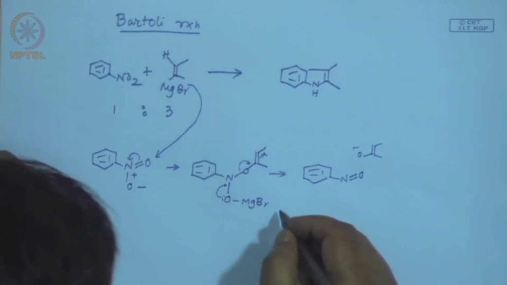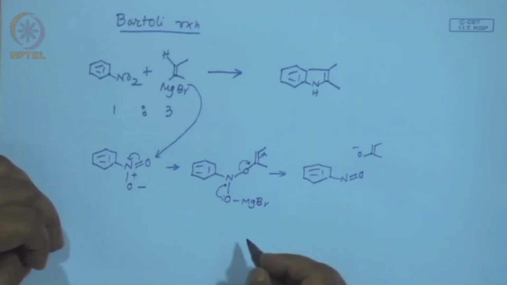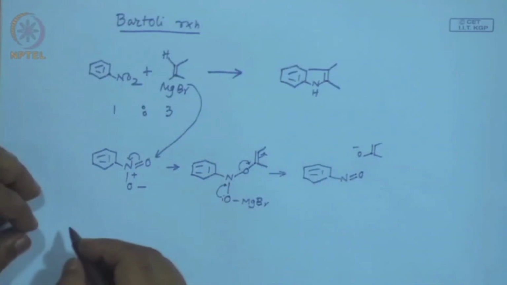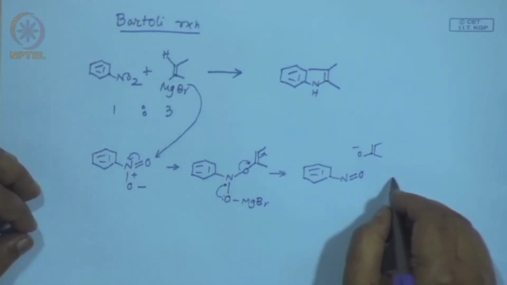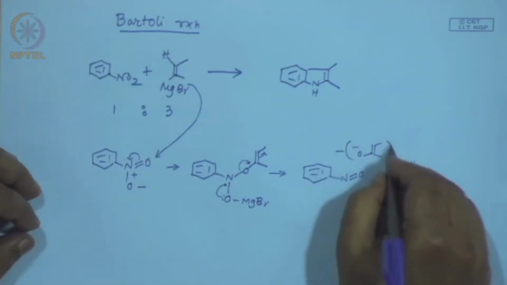So, essentially what you get is nitrosobenzene as the intermediate. What next?